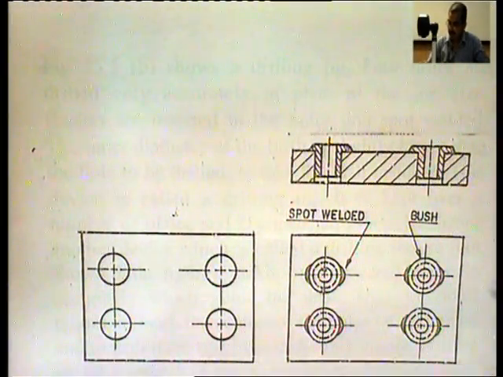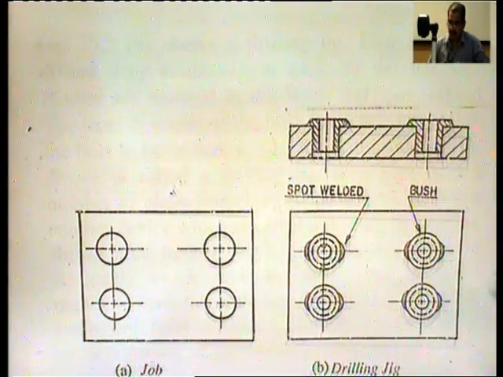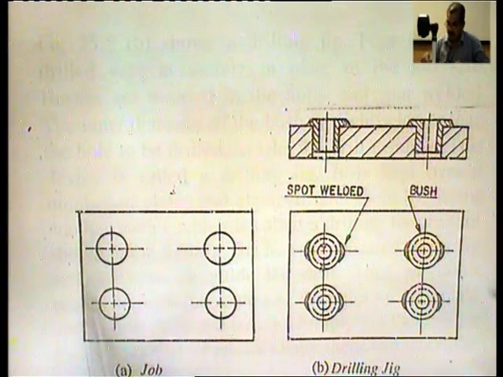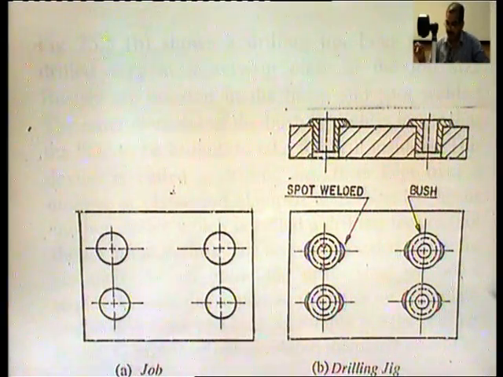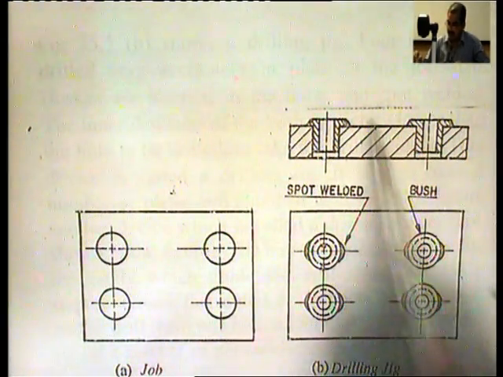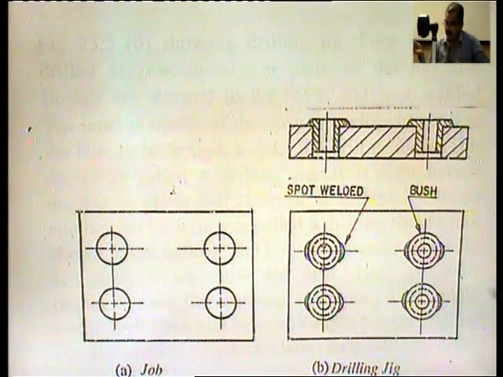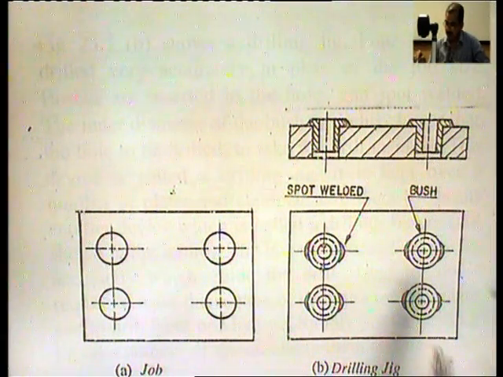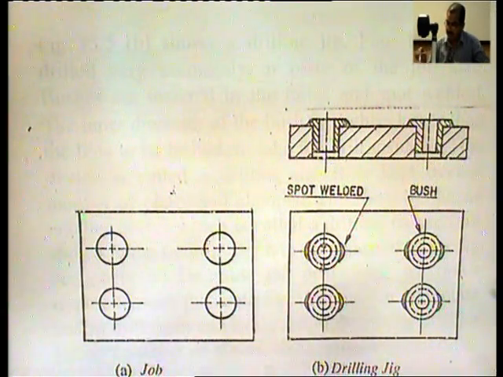Now, you can see on the monitor this is the workpiece in which these 4 holes are to be drilled, and this is the jig. It is a simple plate whose size is the same as the size of the workpiece.